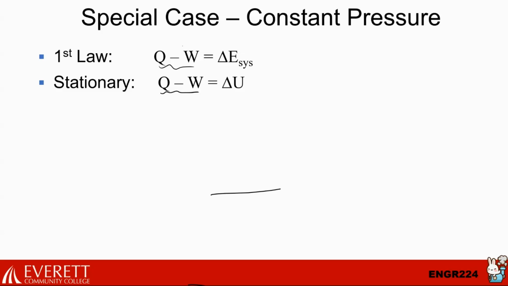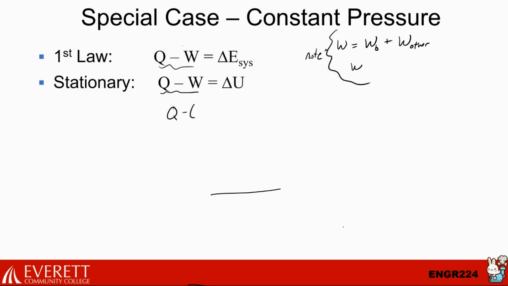So if you write this as Q, and then we say, all right, well, in this system, really the only work that we're going to have, and this is going to be starting to be the common thing when we talk about work in general, just a note for these systems. Your note is that in general, your work is going to be some combination of work at the boundary and what we call work other.